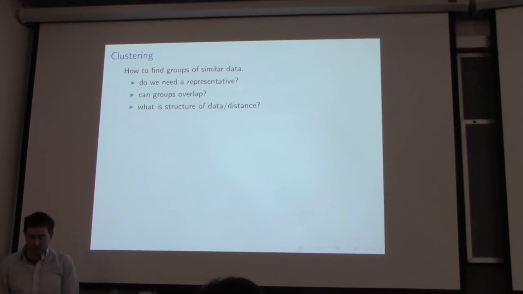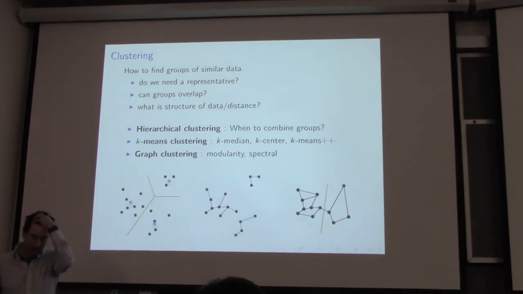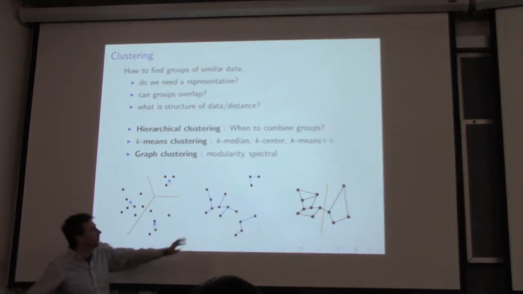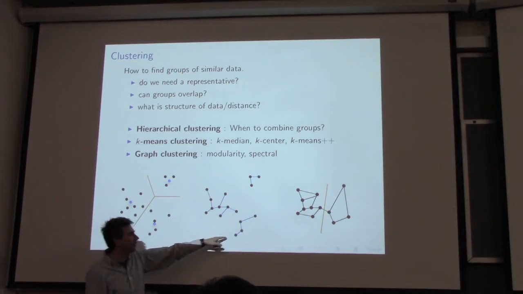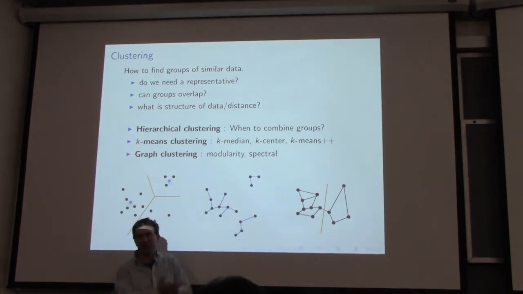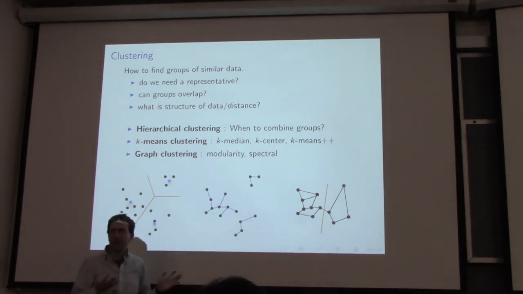Okay, so then the next module will be on clustering. I mentioned a little bit what this is, but you're somehow given some data points and you want to determine which ones are similar to each other. And there's this enormous literature, countless variations on this. We'll talk about 3 different types. Hierarchical clustering, where you often think of single link clustering, which connects them as a graph in the simplest way possible.